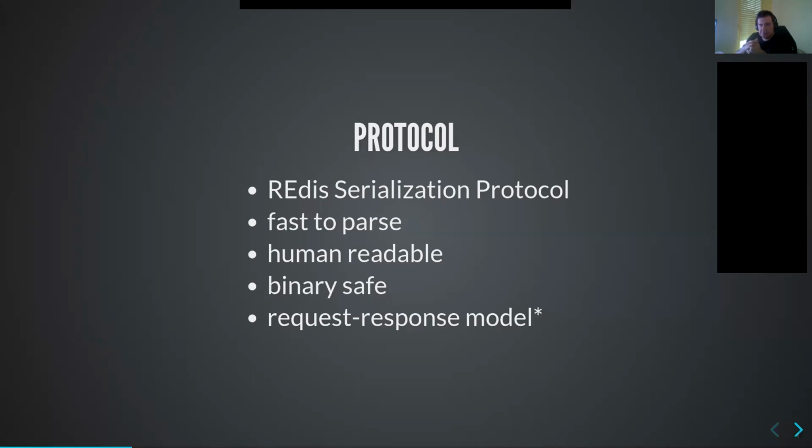The first scenario is generally known for RESP. It doesn't apply for clustering. Clustering uses a different binary protocol in order to communicate between nodes in a cluster. However, the classic request-response model also does not apply when using a feature called pipelining, which is basically a capability to send multiple requests and wait for responses to them at once.